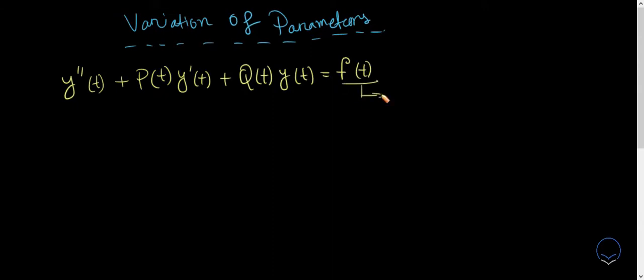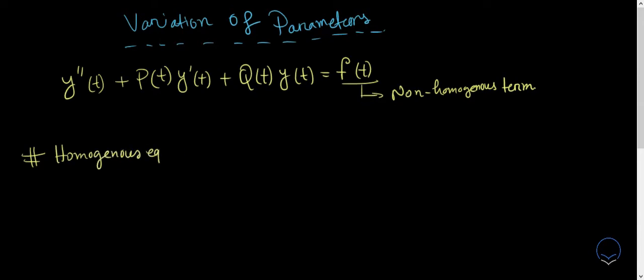If you recall, this is our non-homogeneous term. This is the thing that is making this differential equation a non-homogeneous differential equation. Now if you consider the homogeneous equation, this means the function f of t will be just 0.